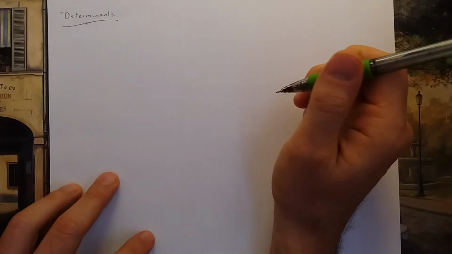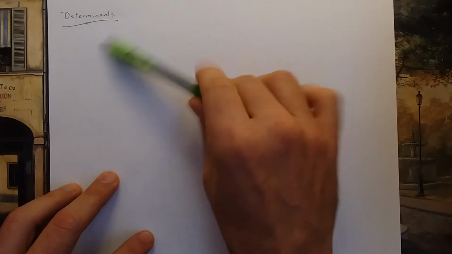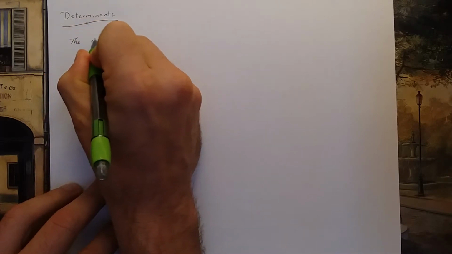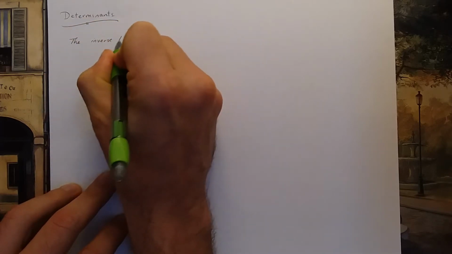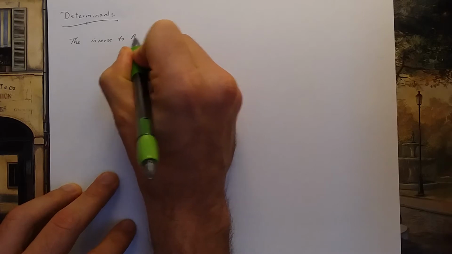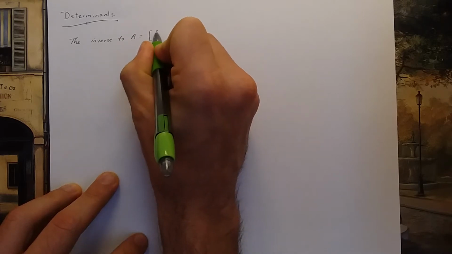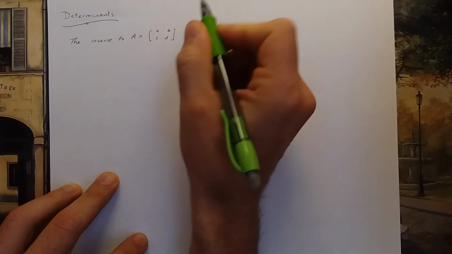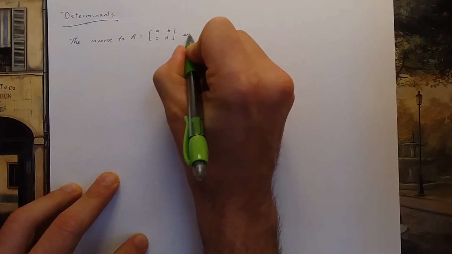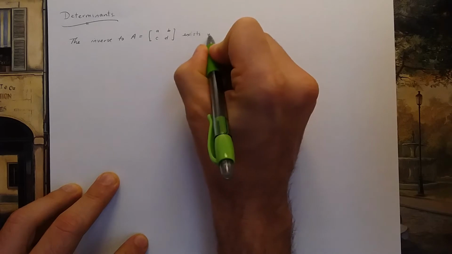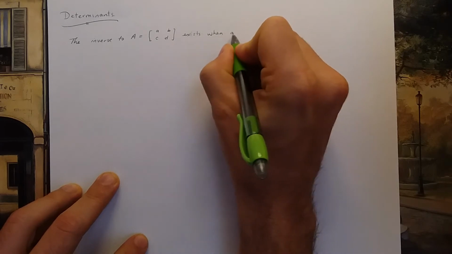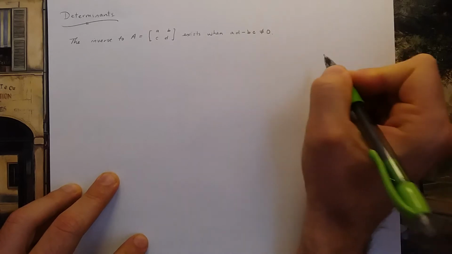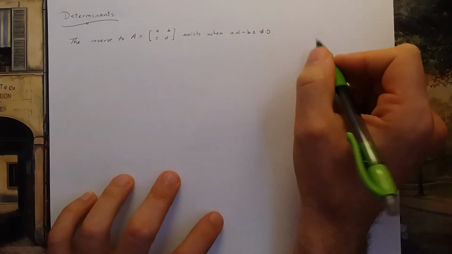Our last topic of the quarter is determinants. We've seen that the inverse to a 2 by 2 matrix A, with entries A, B, C, D, exists when AD minus BC is not equal to 0.